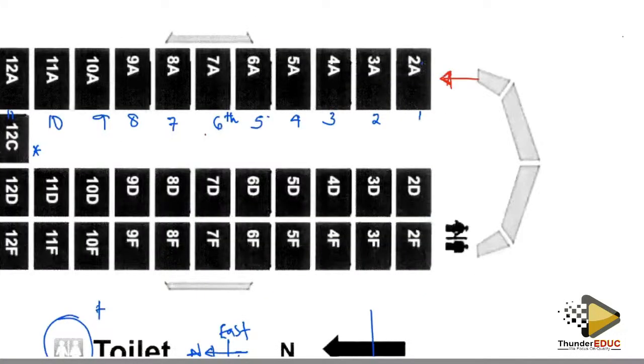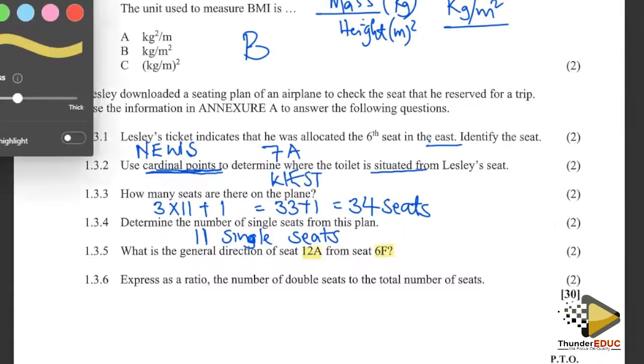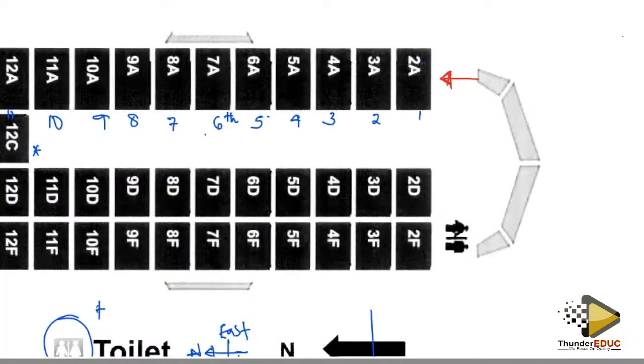Let's go to the next term. They're saying general direction of seat 12A. So the person is in seat 6F, heading to 12A.